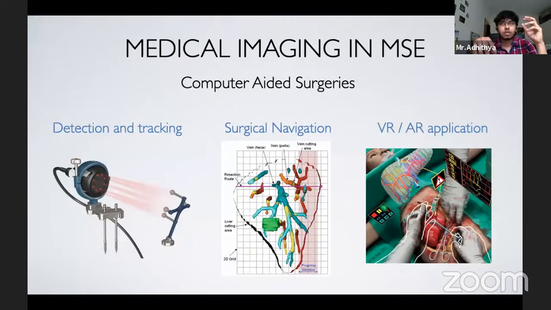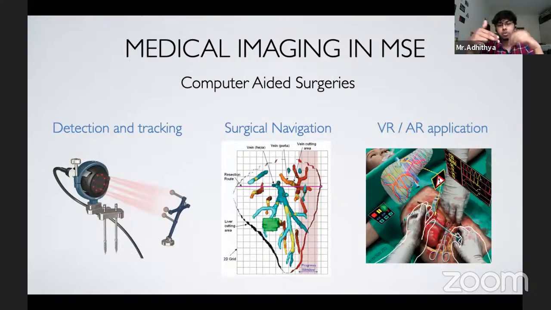There are certain structures attached to your instrument which reflect back the infrared light, which is captured by the camera. With this setup, you can track how your instrument is moving. This is one type of tracking system which scientists use to track instruments.